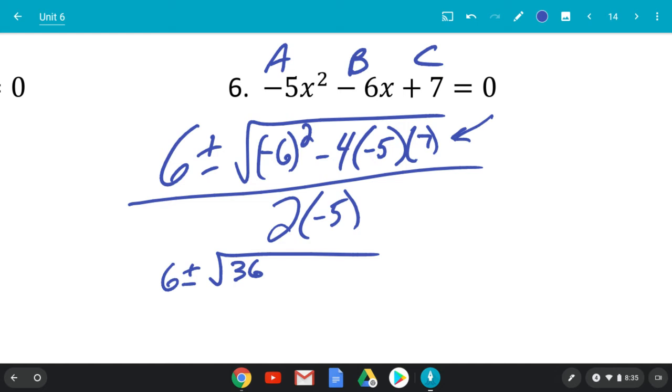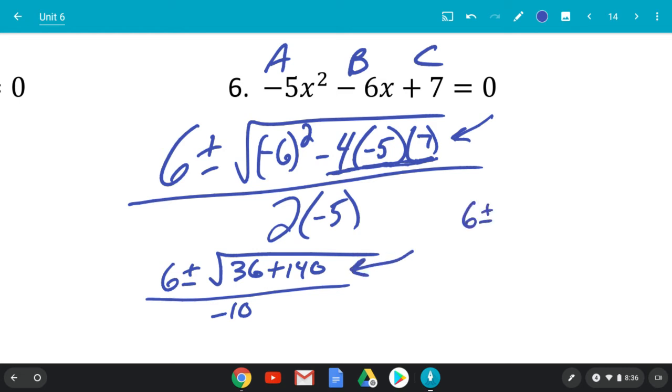Negative 4 times negative 5 is a positive 20. 20 times 7 would be positive 140. Everybody agree? All over 2 times negative 5, which is a negative 10. Still simplifying that discriminant.